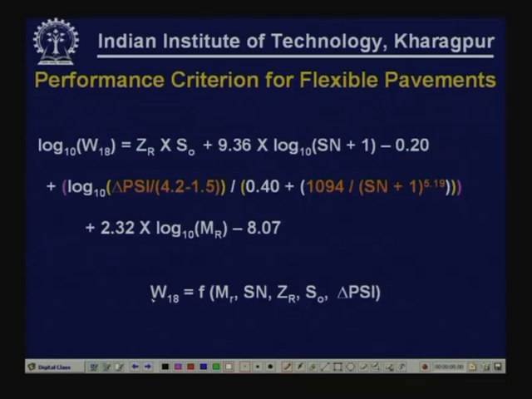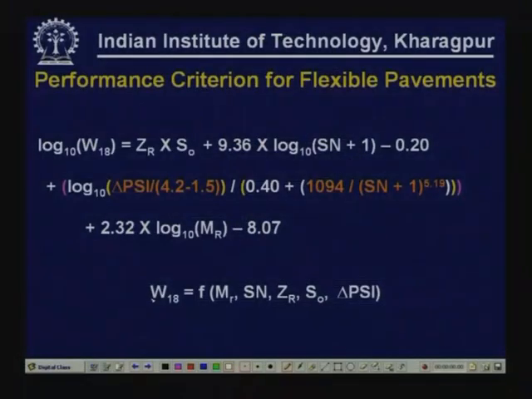W18 is the number of repetitions of load that a given pavement is capable of serving satisfactorily during its service life period, provided the pavement specified in terms of the parameters given here is provided. W18 is a function of, as you can see here, the resilient modulus value of the subgrade, and the structural number, which is the strength of the pavement that is provided.